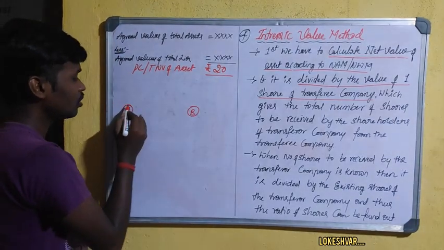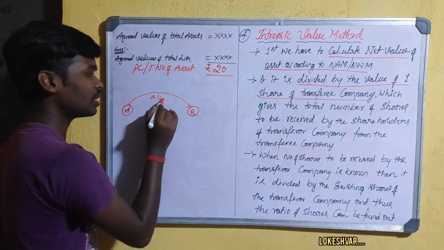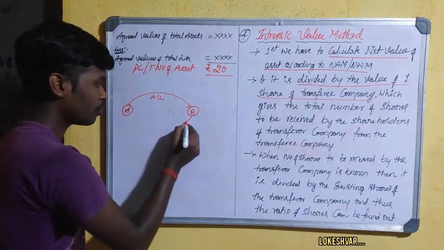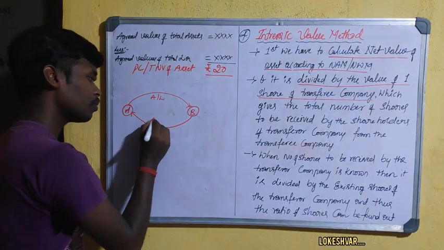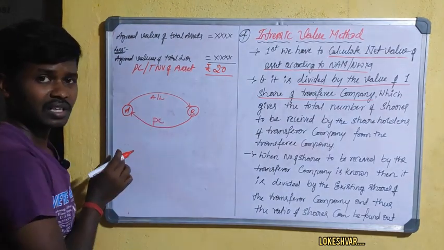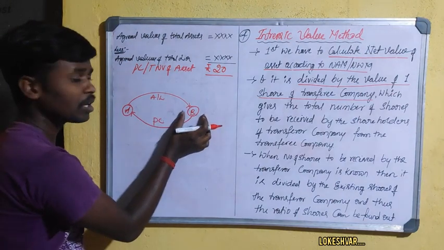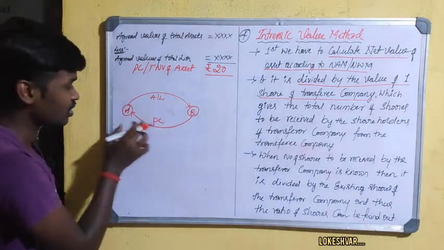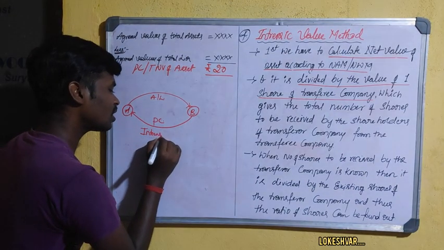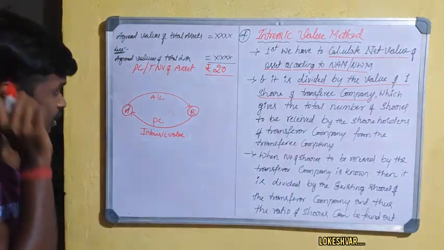A company is transferring assets and liabilities to the B company. Therefore the B company is going to pay the purchase consideration to the A company based on the intrinsic value method.